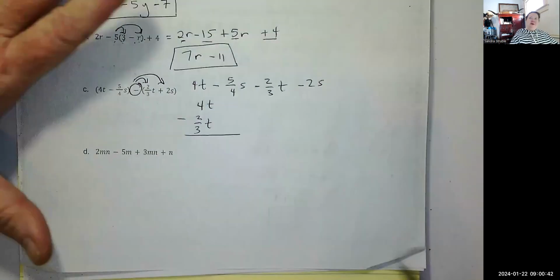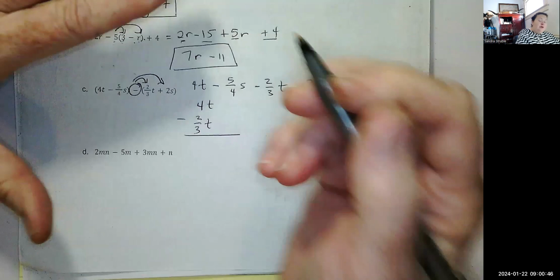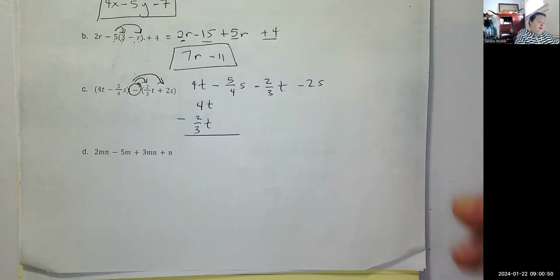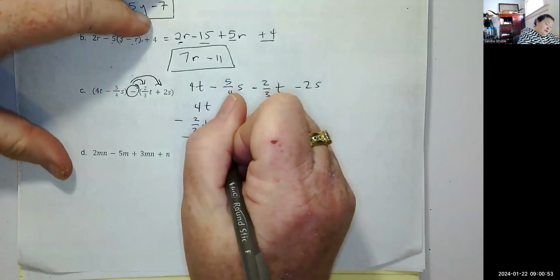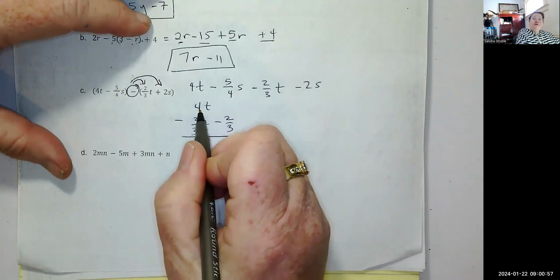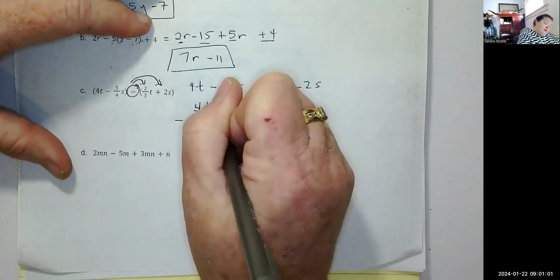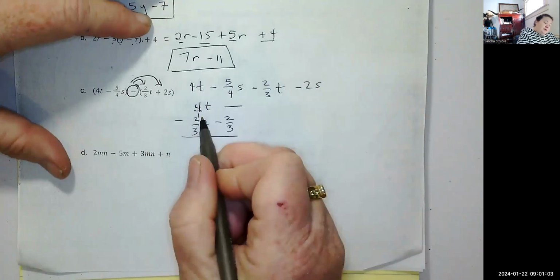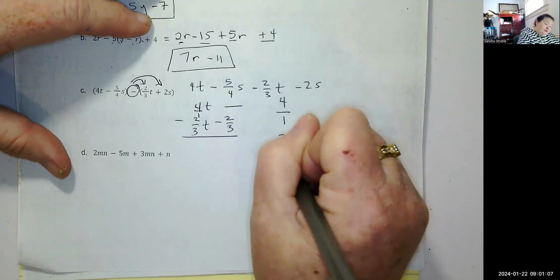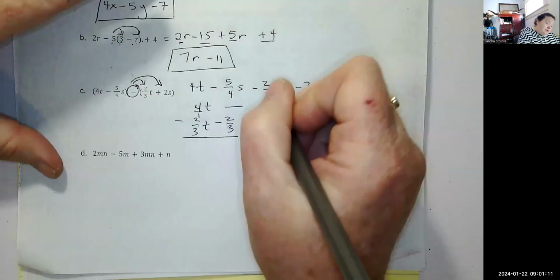Now I'm going to do this the way I learned it in school, finding common denominators. When you're adding and subtracting fractions, you have to have a common denominator to do that. So our common denominator is going to be 3. In order to combine, we've got to go, okay, this is 4/1, and we want our denominator to be 3. Let me come over here and do it a little bit bigger. 4/1, 2/3, and they both have t, so I'm going to leave that part out for the confusion aspect.